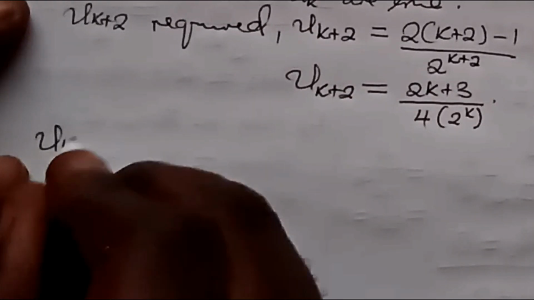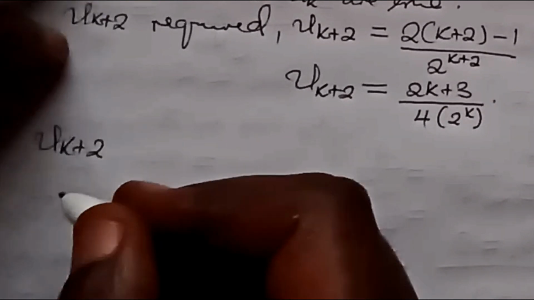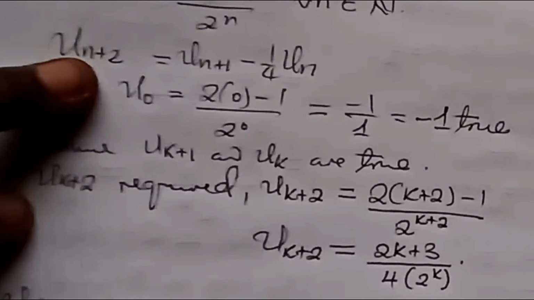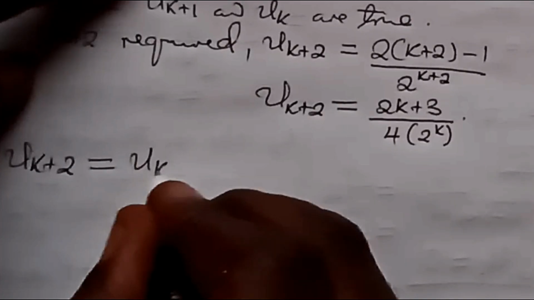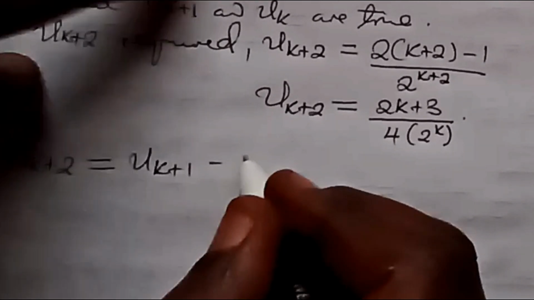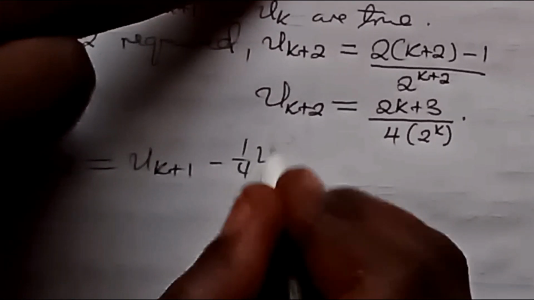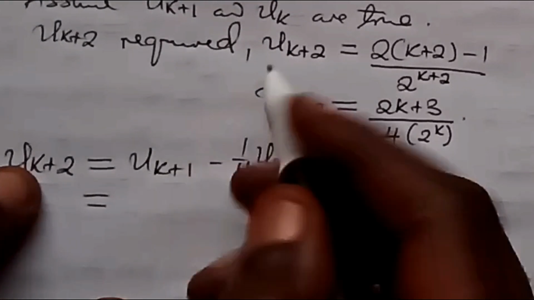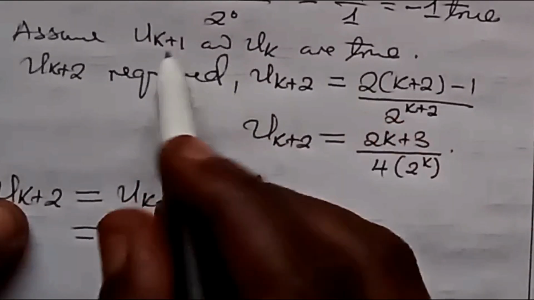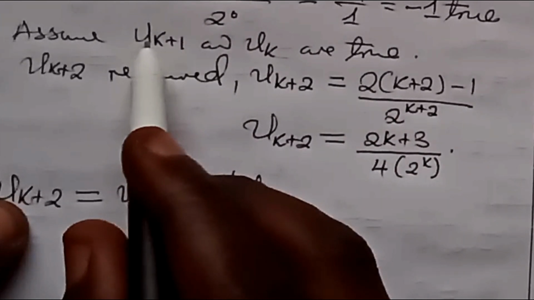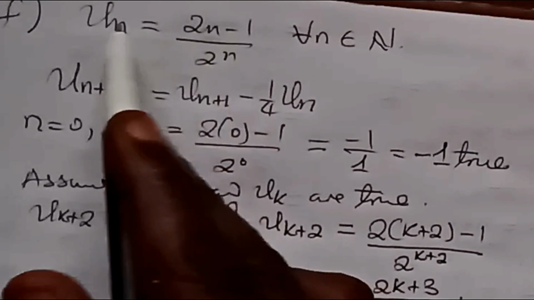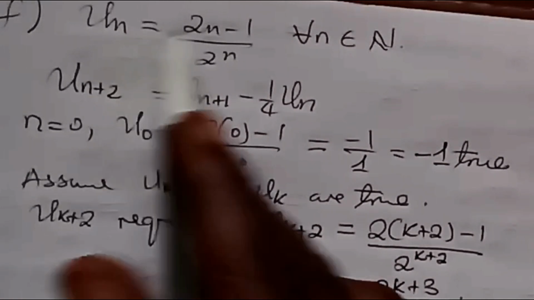Now uk plus 2 in the recursive relationship, we can obtain it by replacing every n by k. So it should give us uk plus 1 minus 1/4 uk. And I make replacements of the assumptions I've made in the hypothesis step, where uk plus 1 will be obtained by replacing every n in un by k plus 1.